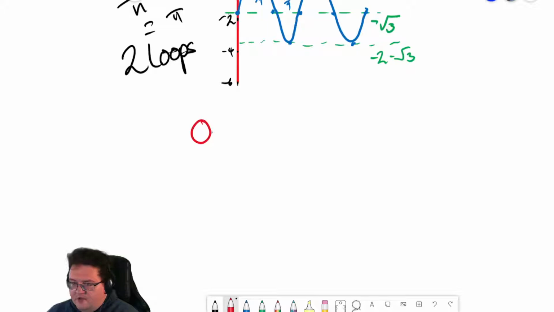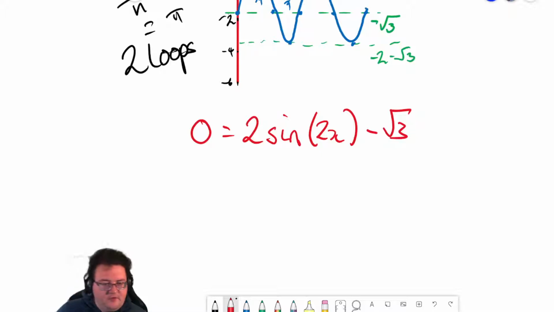So I've got the equation 0 equals 2 sine 2x minus root 3. I can solve this, can't I? I should know how to solve this.